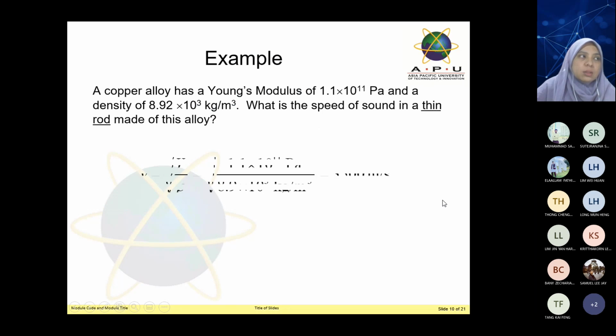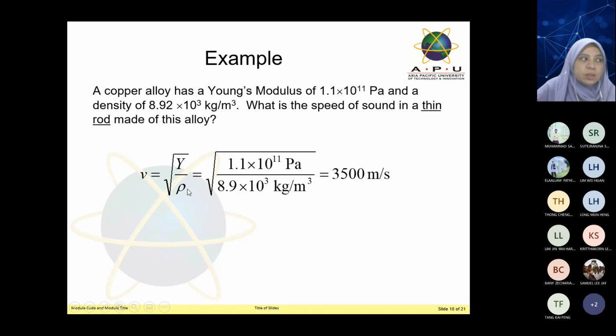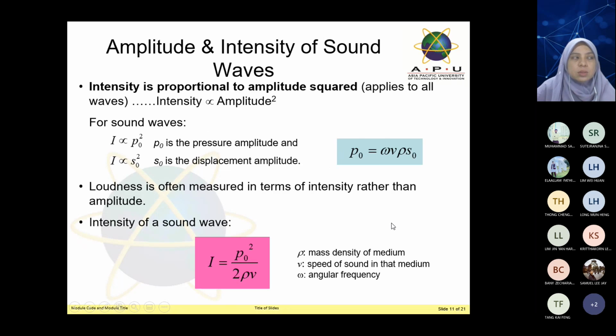This one you can calculate the speed of sound when they give you density. It depends on the information they give. That's why there are many formulas.